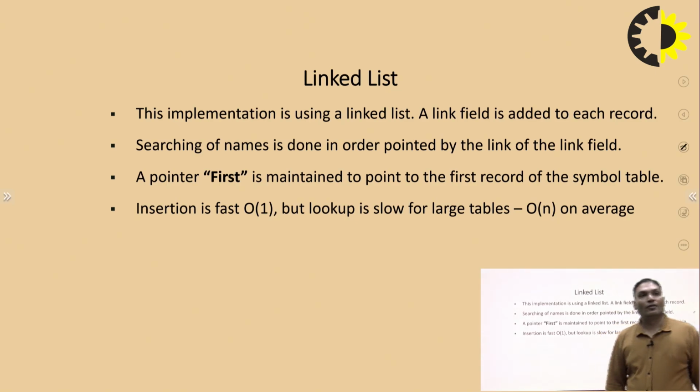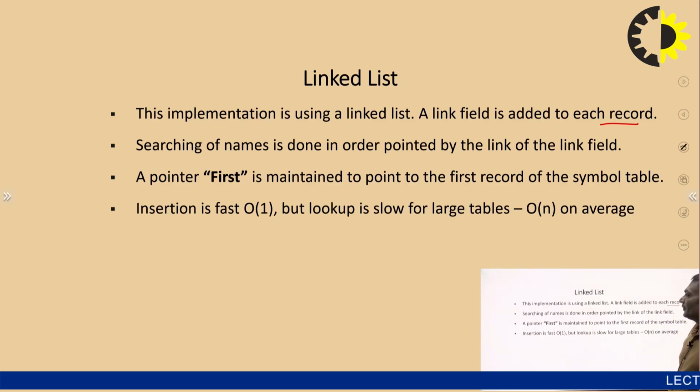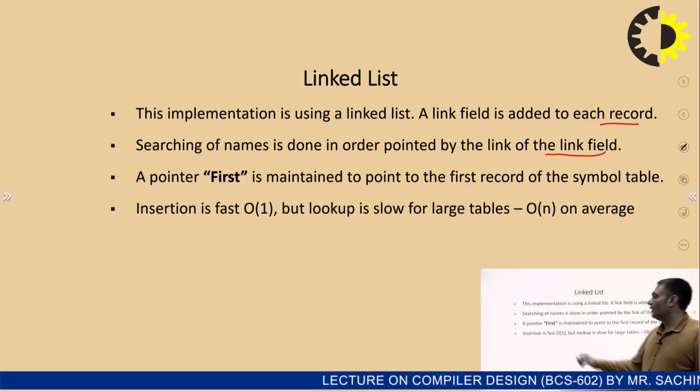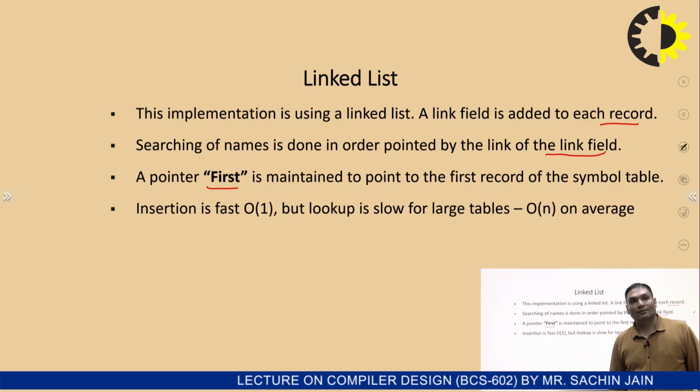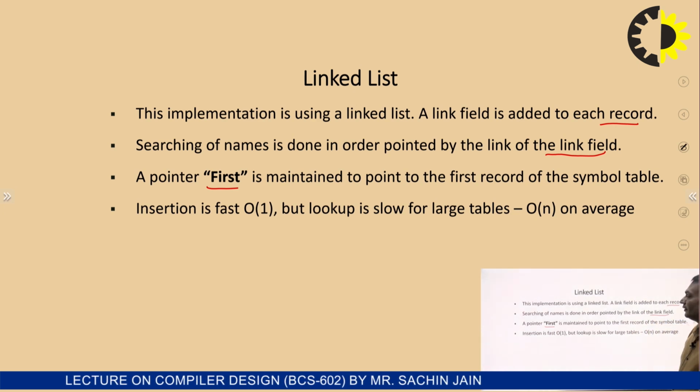Linked list. To implement a symbol table using a linked list, a link field is added to each record, and searching of a name is done in order, following the link field. The pointer named first is maintained to point to the first record inside the symbol table.